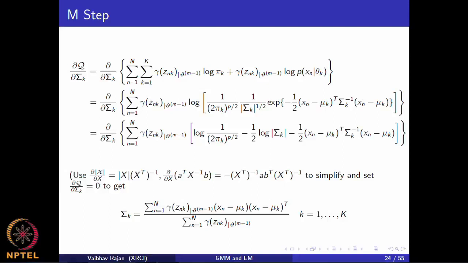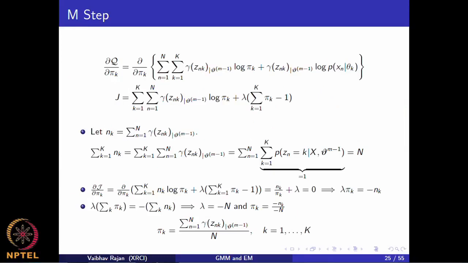And similarly for the M step for pi k, right, this term goes away, you use Lagrange multipliers to add this term and differentiate this function to again get the result.